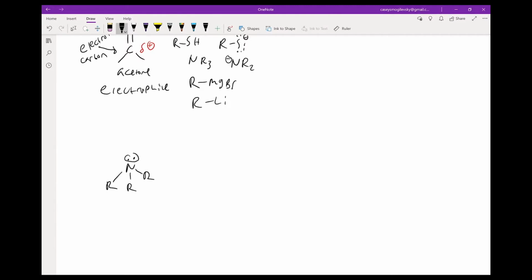And this lone pair of electrons can, and we're going to use the arrow notation from OChem, go and attack this electrophilic center, the carbon. This happens because this nitrogen is very electron rich, and it's very willing to give its electrons to this very electron poor carbon and participate in a reaction.